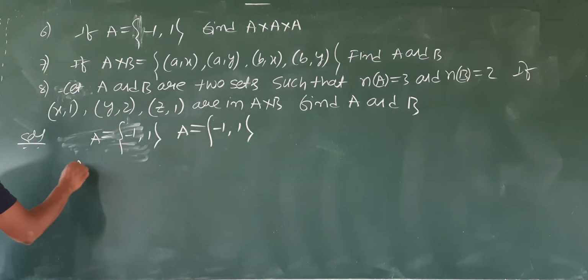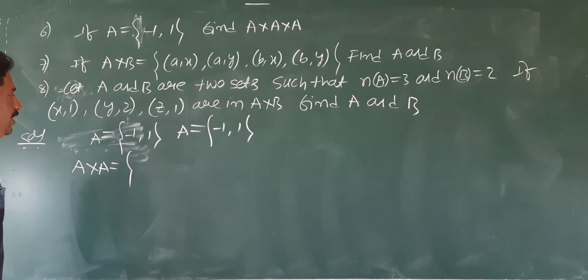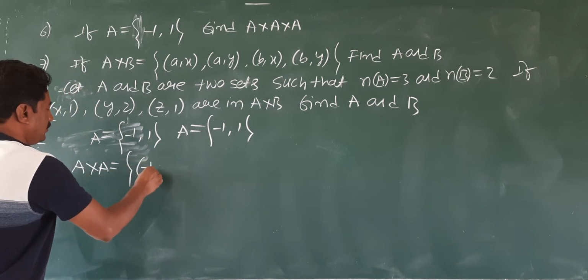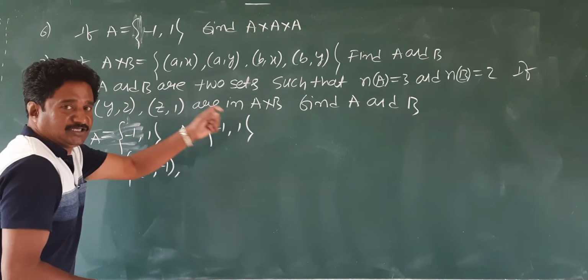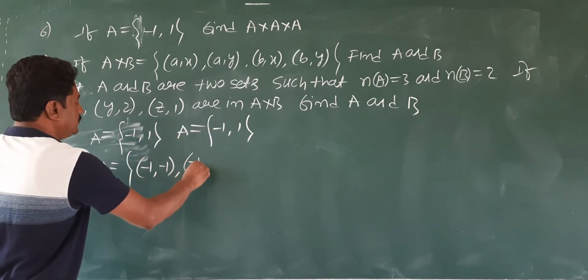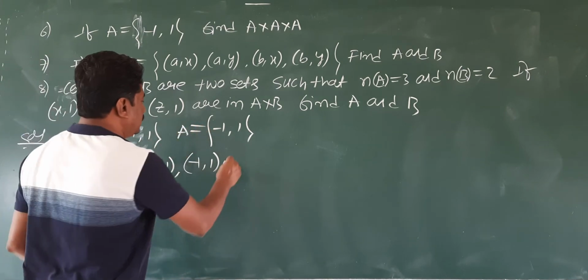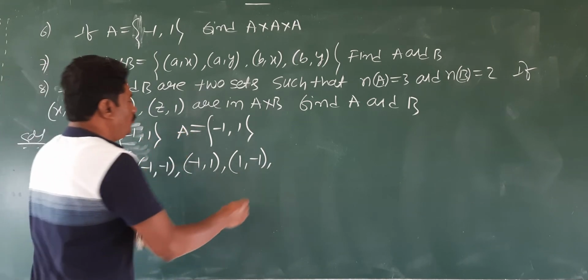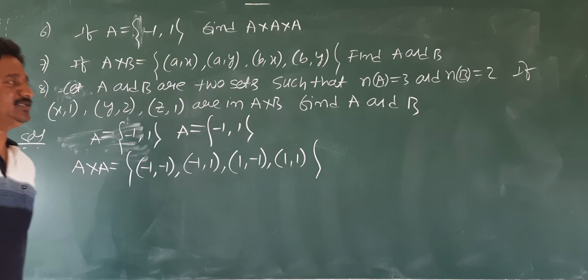A cross A. Tell me the elements of A cross A. (-1, -1). Come on, next, (-1, 1). One more ordered pair. Next ordered pair, (1, -1). Next ordered pair, (1, 1). This is A cross A.